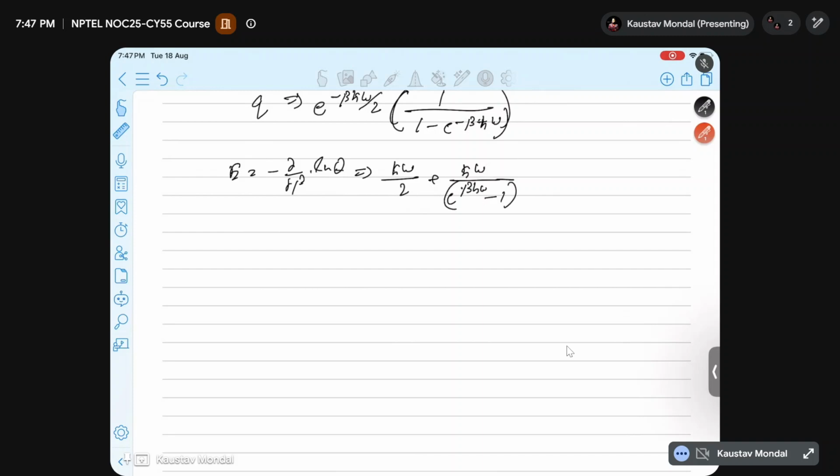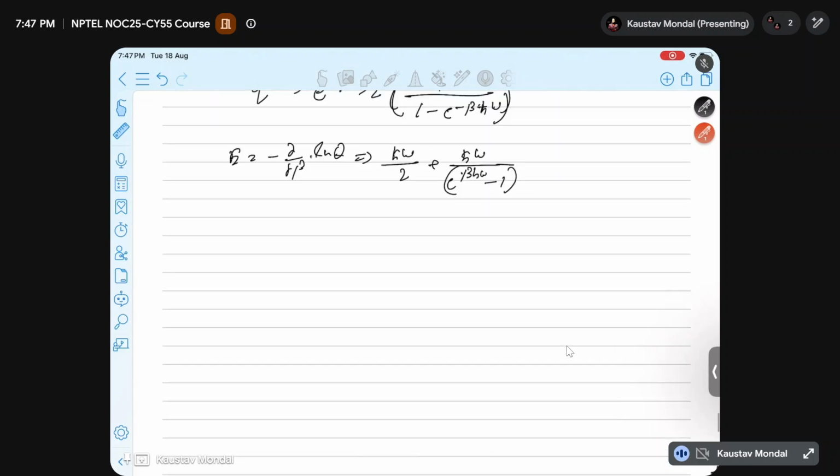Okay, and the last thing is the entropy. So entropy, if you calculate, you will get kB times beta h cut omega divided by e to the power beta h cut omega minus 1 minus ln 1 minus e to the power minus beta h cut omega.